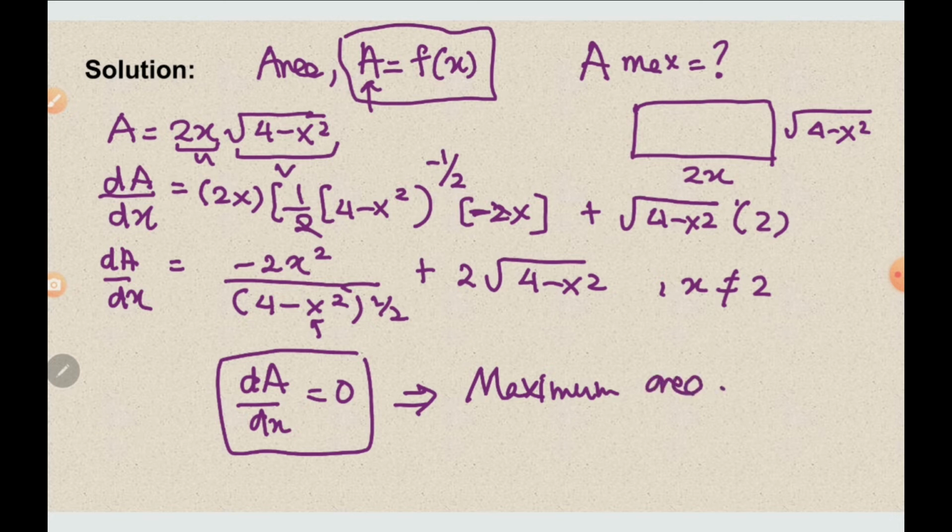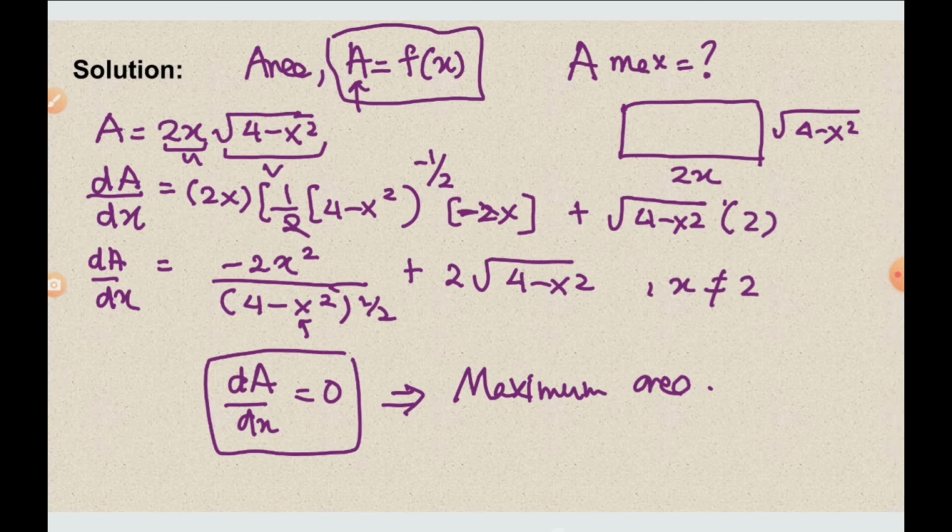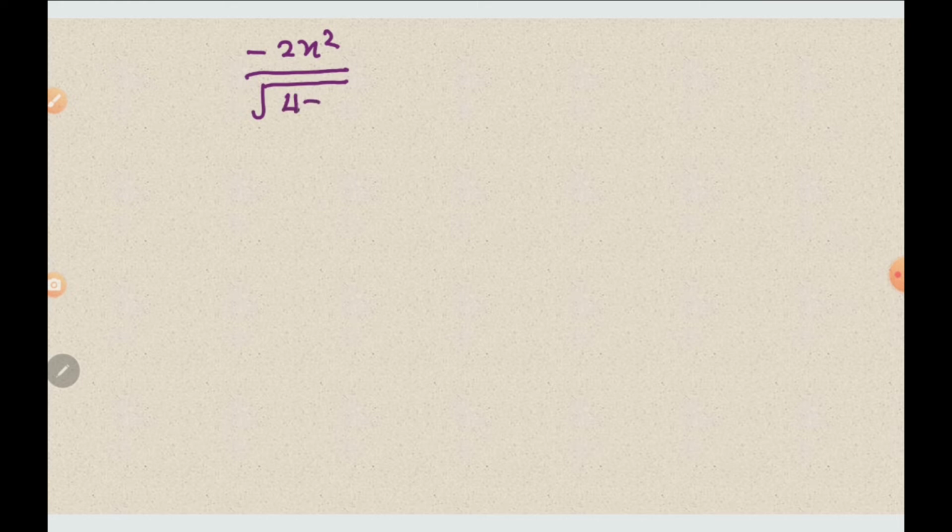Therefore we simplify to get negative 2x squared over square root of 4 minus x squared plus 2 square root of 4 minus x squared is equal to 0.